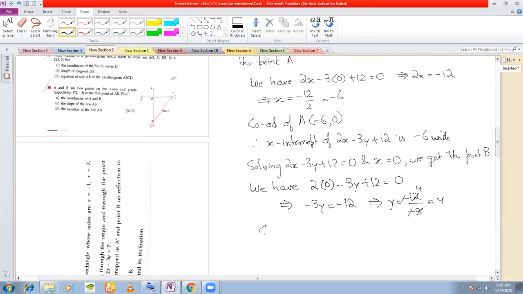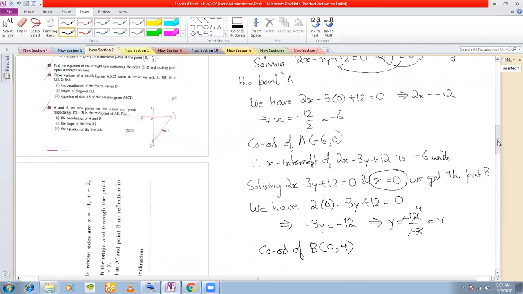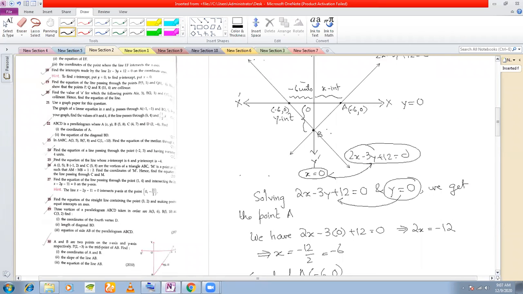What are the coordinates of B? The x coordinate will be 0 because x is equal to 0, and it is a point on the y-axis. The y coordinate should be 4. That's it. So we have got the coordinates of B as 0, 4.